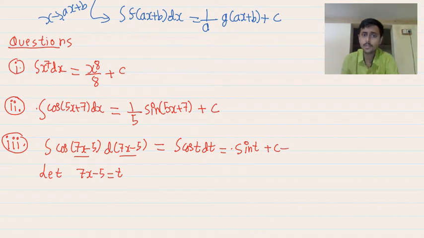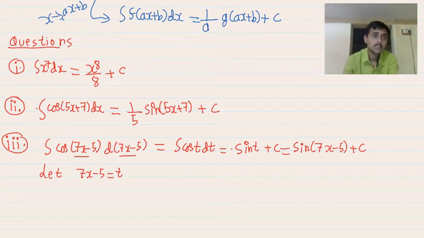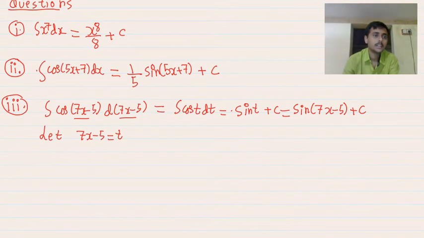So we would have to place the value of t in terms of x back in the answer. So we are placing 7x minus 5 instead of t. So our answer becomes sine of (7x minus 5) plus c. Now let's proceed to another question.